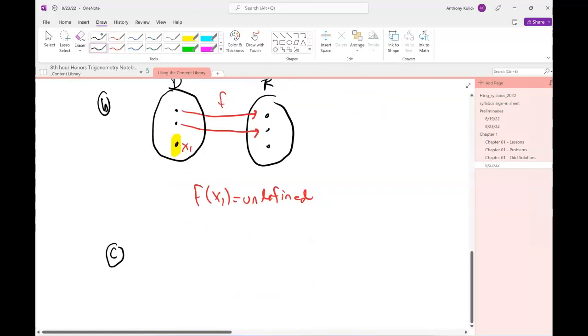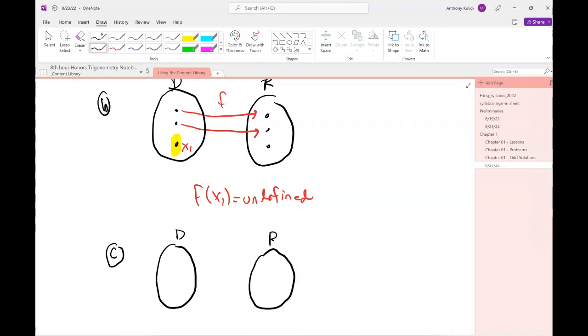C, we'll do one more example here. Is that a function? No, what's the problem? Yeah, we have 1 x that's going to 2 y's.